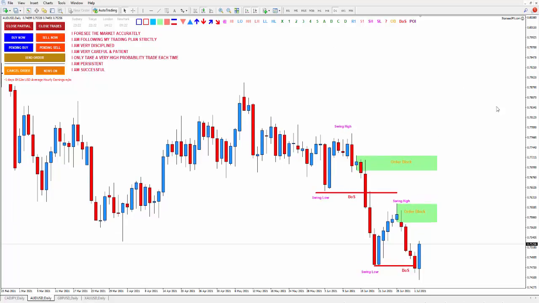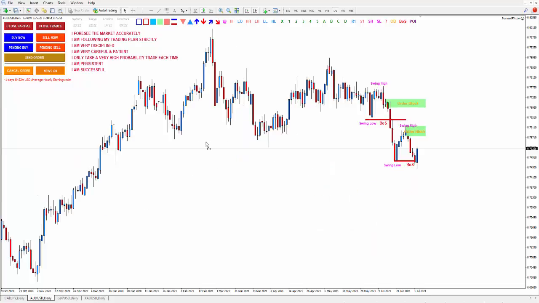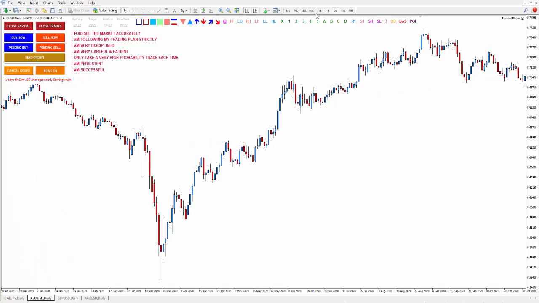Now, people also ask me the question, how to snipe? Seriously, how to snipe is the same, just like how you put an order block from D1. Now, let me show it to you, okay? This chart, don't look at this time frame. How would you know this is daily?